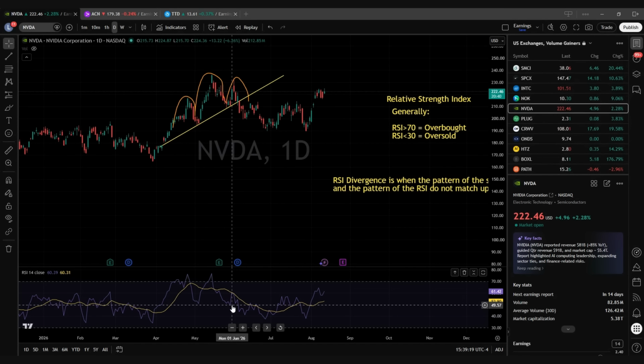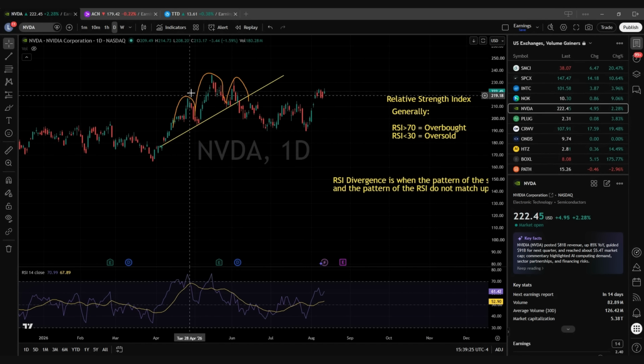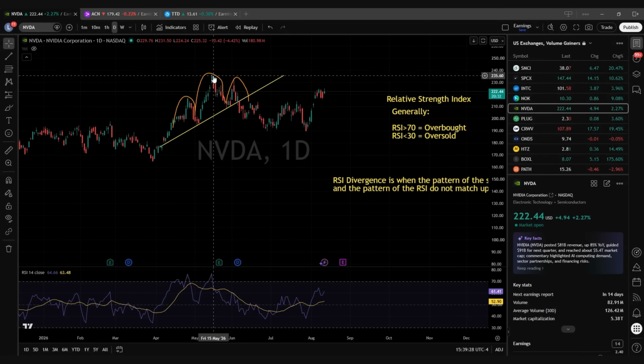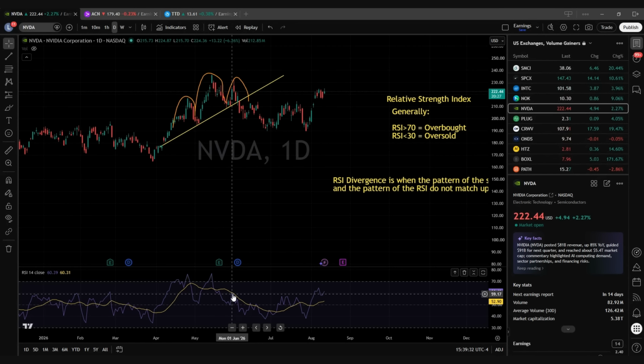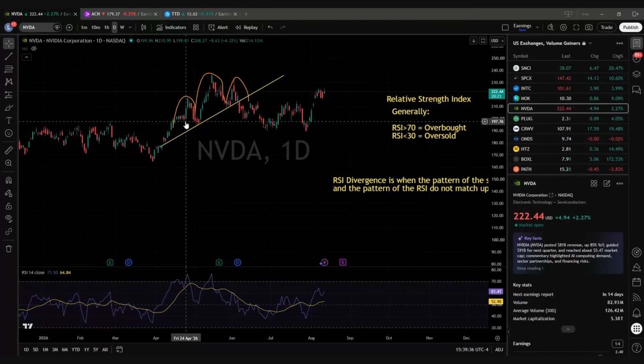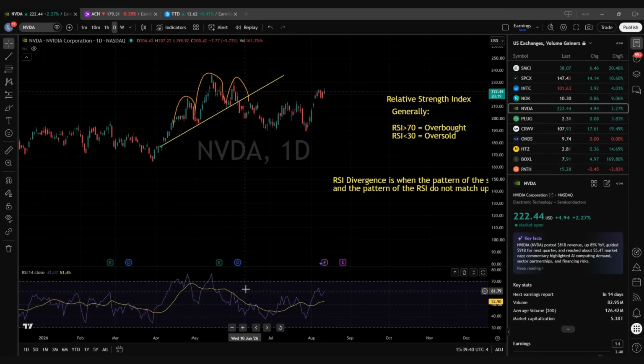And as Nvidia comes back up, look at this. This high was taller than the first high, but shorter than the second head, I guess, for the top of the shoulder. And look where RSI is. So you can see the divergence there, that while the price continues to move up in an uptrend, the RSI is actually coming down in a downtrend.